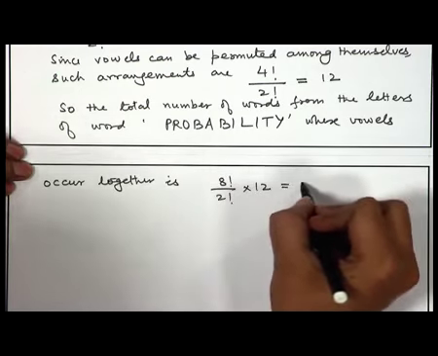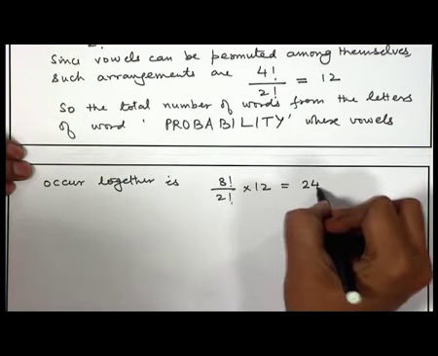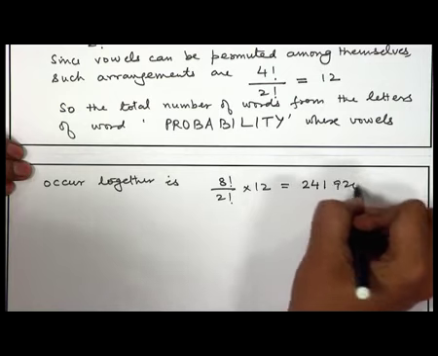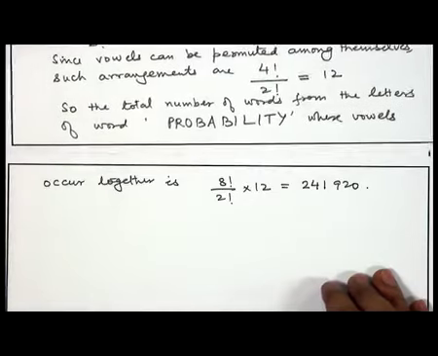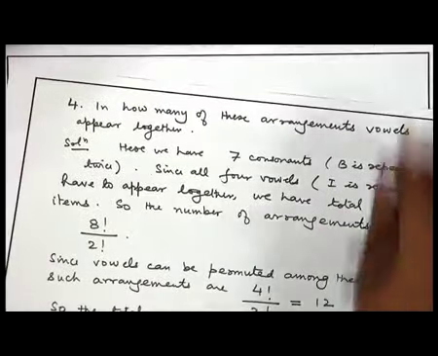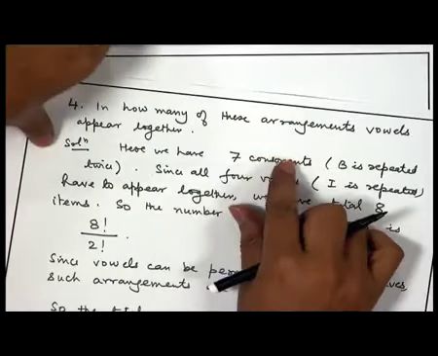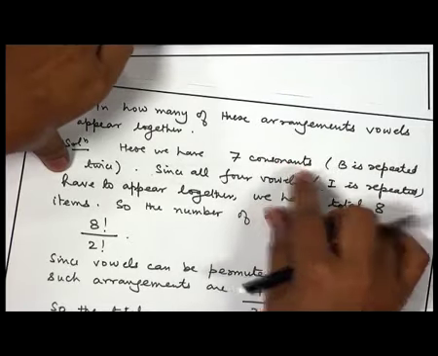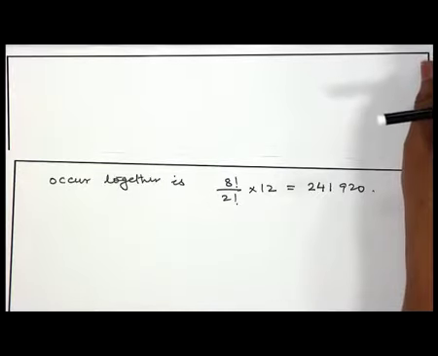Of course, you can evaluate it, it is equal to 2,41,920. What we have done is we have calculated all the words which are created from the word PROBABILITY. We have also calculated the arrangements where the vowels appear together. There is an additional problem you can solve from here.